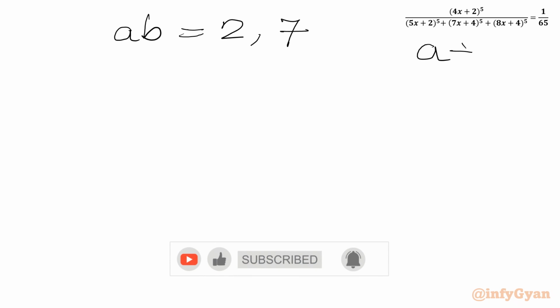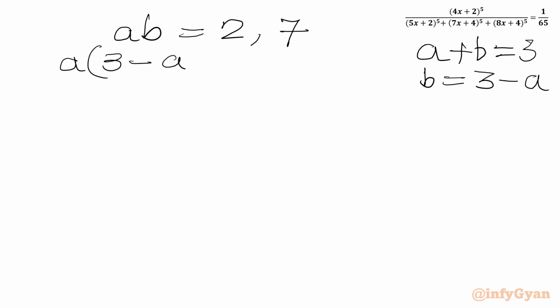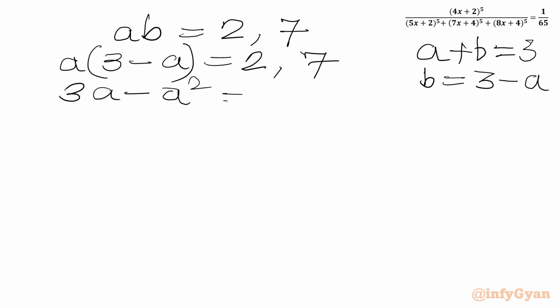Our second equation was a plus b equal to 3. So from here I can write the value of b in terms of a as 3 minus a. So here I can write a times 3 minus a equal to 2, 7. Now I can write 3a minus a square equal to 2, 7.